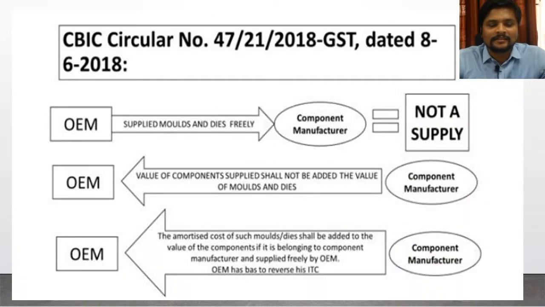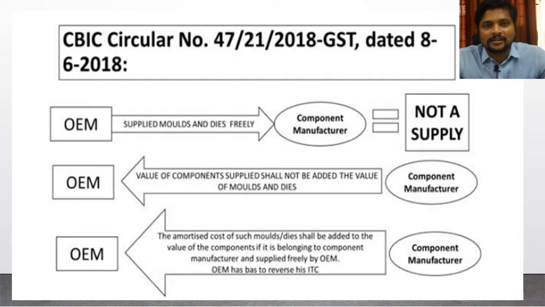I will discuss certain circulars issued by the department for the purpose of valuation in certain scenarios or circumstances. Among them, circular number 47/21 of 2018, issued on 8th June 2018, is issued to address an issue between OEM and the component manufacturer.